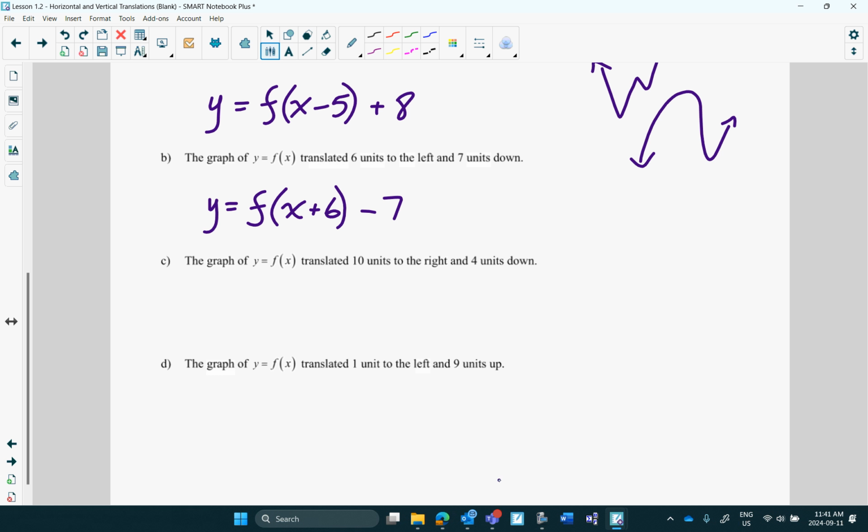We're going to do 2 big things with them. When we get the function, how to graph it. Or if we're given the graph, how to come back and write the function. Okay, that's a lot of what we do this year. What would this one be? Y equals f of x minus 10 in parentheses minus 4.